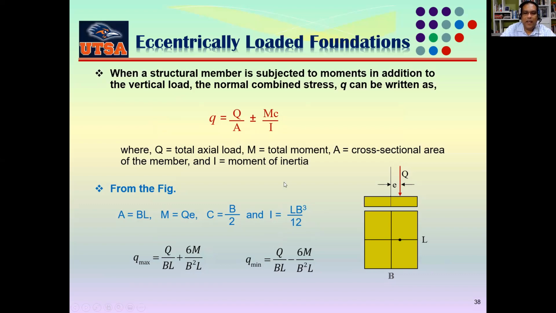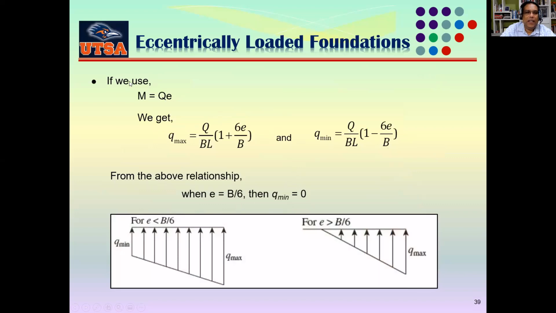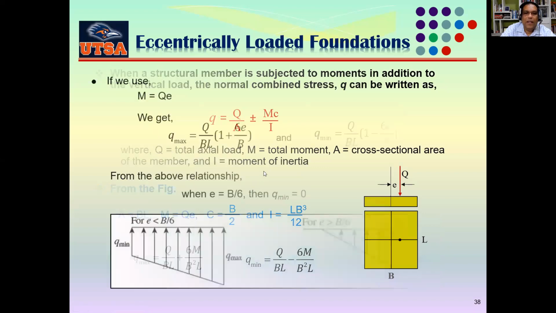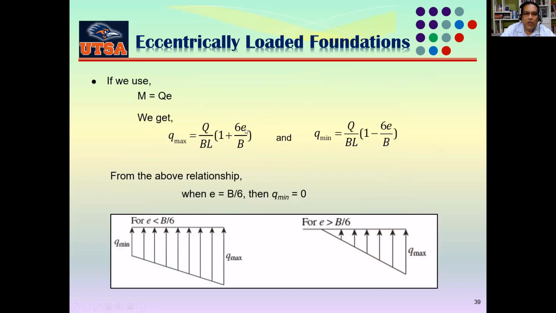Now you can see here that your moment is equal to Q times E. So if you change your Q max and put in that value, then Q by A, where A is BL, and then this part here is 6M by B squared L. If you change M to QE, then you get this equation.